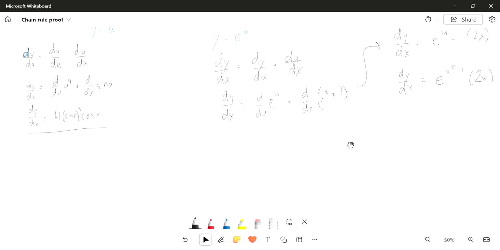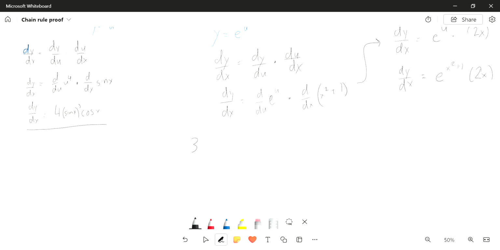And now this last question, there will be a function within a function within a function. And you can do this with like 10 functions, 100, although it would just be time consuming. It would be more time consuming, but the main premise of using the chain rule stays the same.